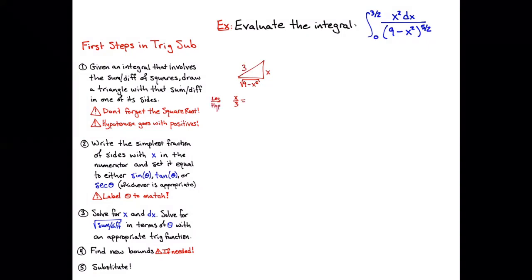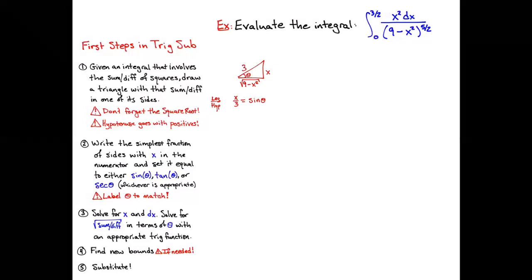And I say, oh, the trig functions that could be are sine or cosine. And we prefer to avoid the cofunctions because their derivatives involve an extra minus sign that we'd like to avoid. So I'm going to make that sine of theta, which means that x is not only a leg, it's the opposite leg. So theta is in this corner here.